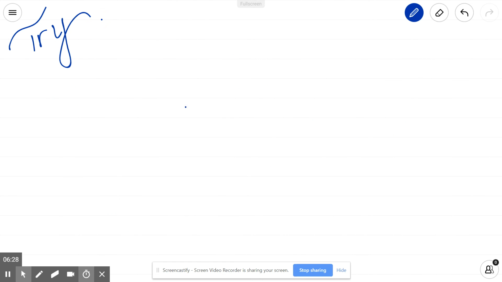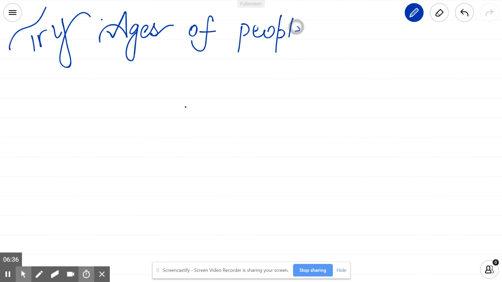For example, we are taking a look at the ages of people in a room. So just pretty simple, and I'm going to give you some ages here. So there are some people of different ages.